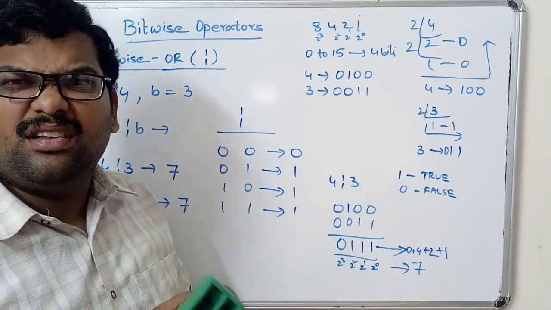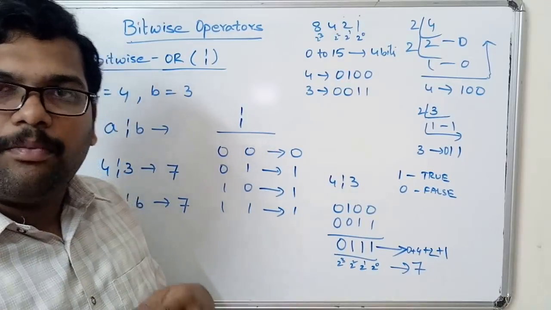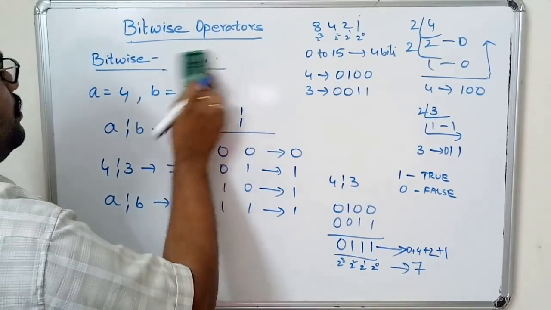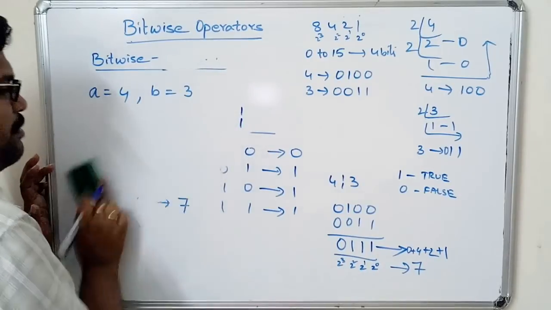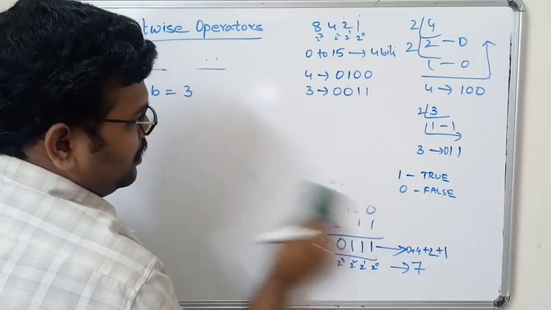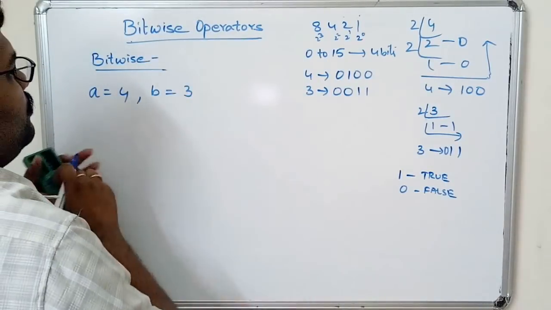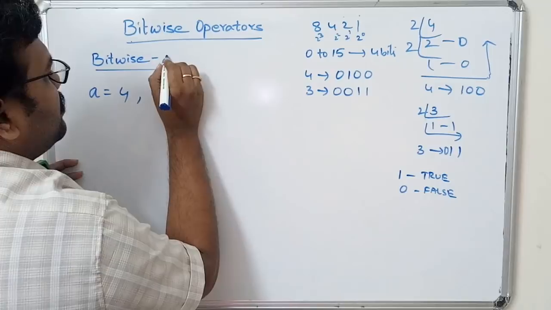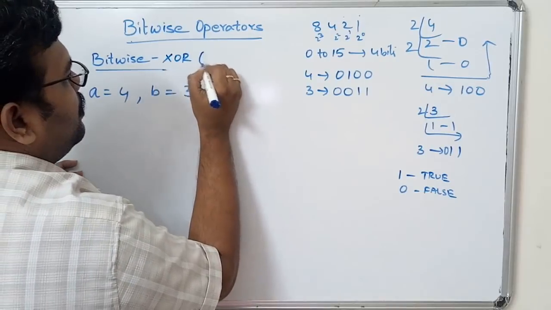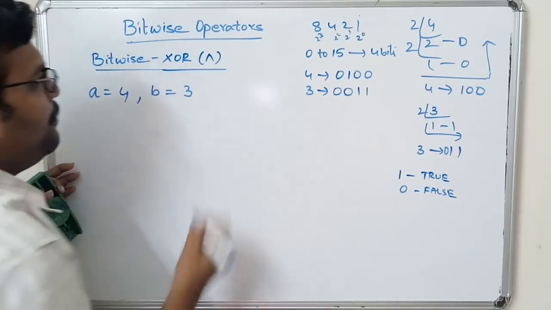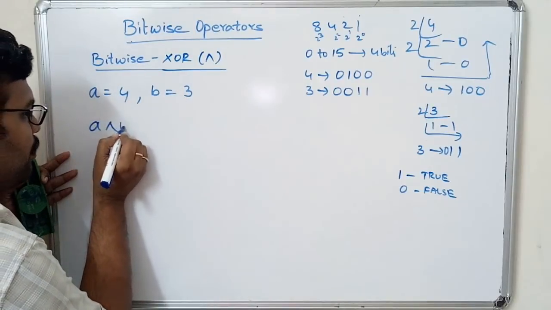Let us have a look at one more operator, that is the XOR operator. Again we will continue with the same example, same values. Bitwise XOR, that is the cap symbol.